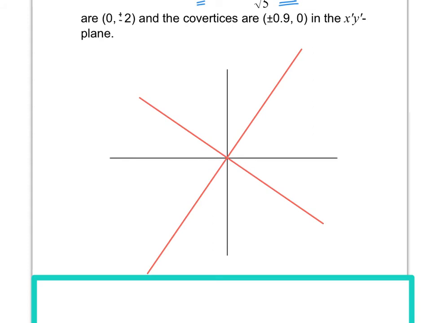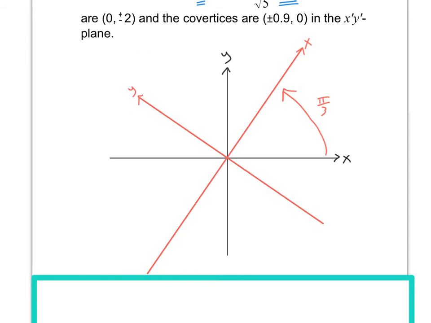So our rotation here is going to be pi over 3. So this is my x-axis, this is my y-axis. In my black universe, this would be my x-axis, and this would be my y-axis.